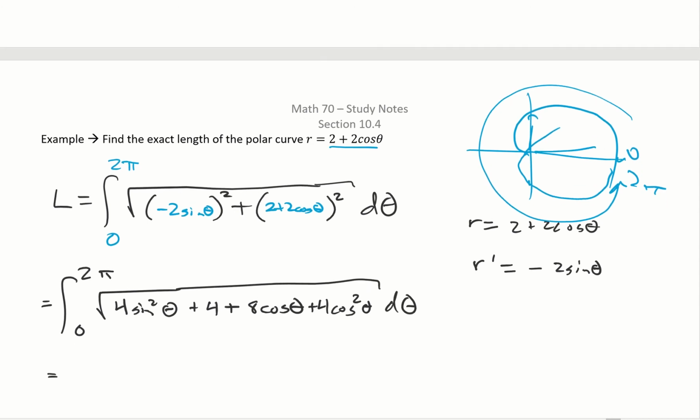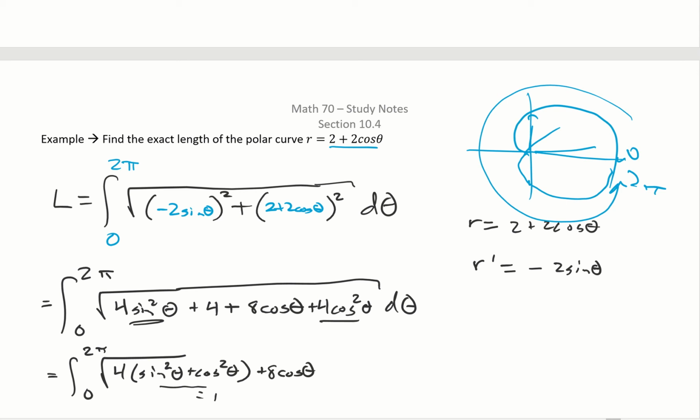Well, the same thing happens again as I try to simplify it, in that I see a sine squared and a cosine squared, and you've got the same coefficient. So I'm going to pull out a 4 and leave behind sine squared theta plus cosine squared theta, and you know that that guy is going to turn into 1, right? Then we have a plus 8 cosine theta and plus 4, d theta.